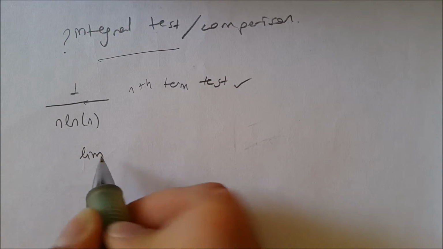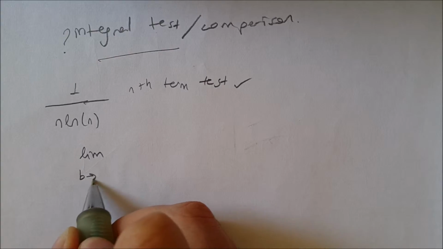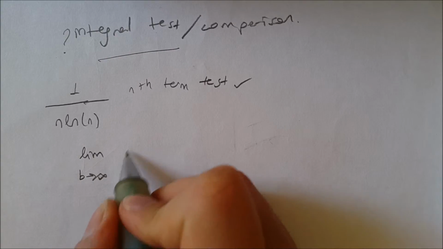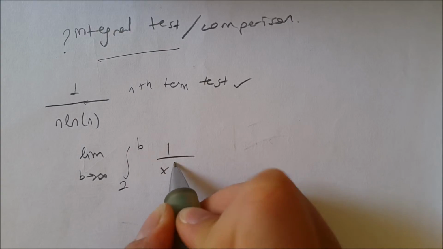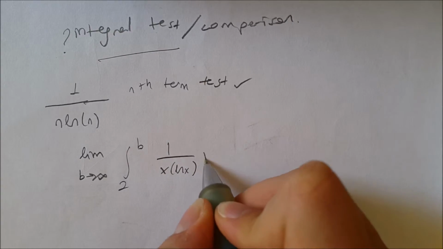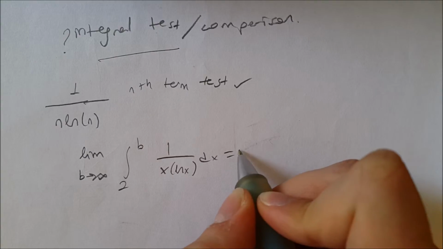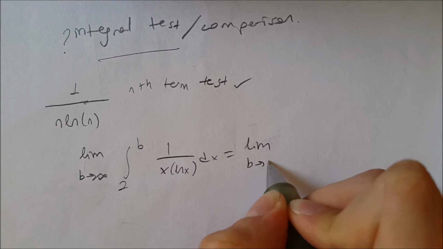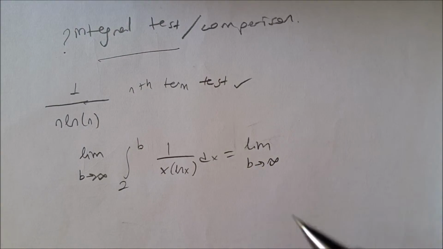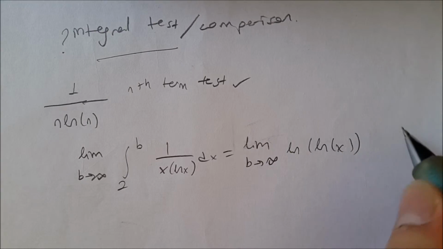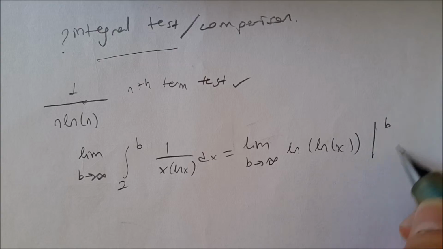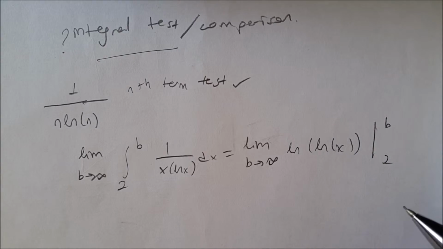With an improper integral. The limit as b approaches infinity from 2 to b of 1 over x ln x dx equals, again, the limit as b approaches infinity of ln(ln x), if you do the integral correctly, in the boundaries between 2 and b.